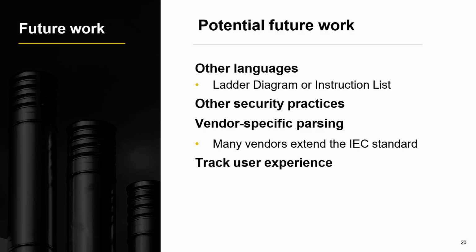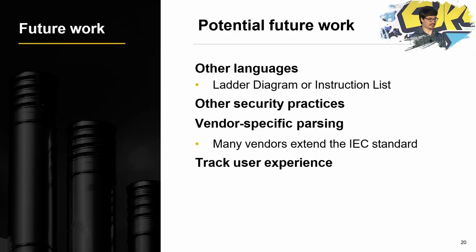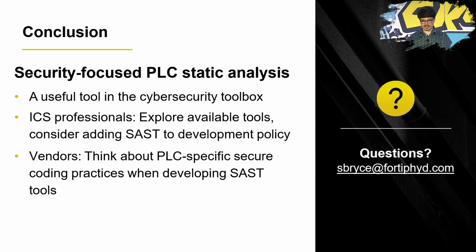There's lots of extensions that vendors do to the IEC standards that would require custom parsers. So in the real world, I imagine that's going to be an area of lots of potential work in the future for static analysis. And then lastly, of course, tracking outcomes and tracking developer experience using static analysis tools.